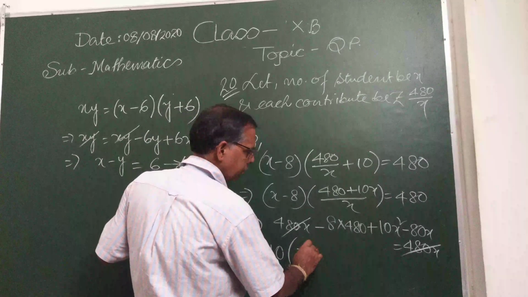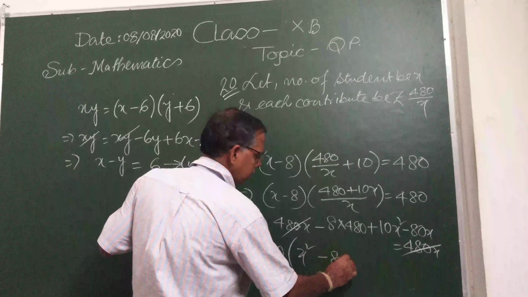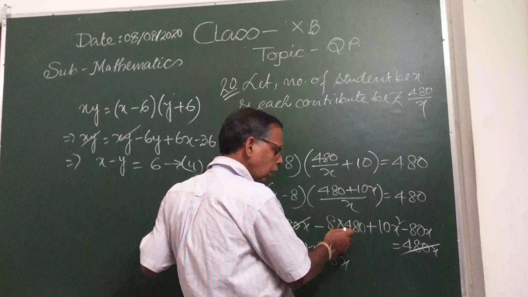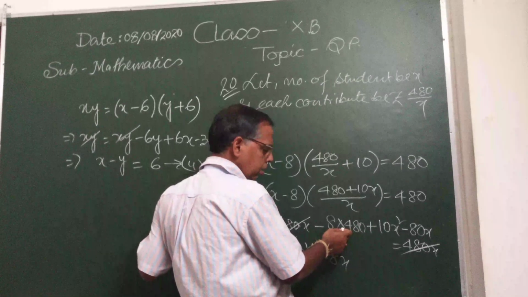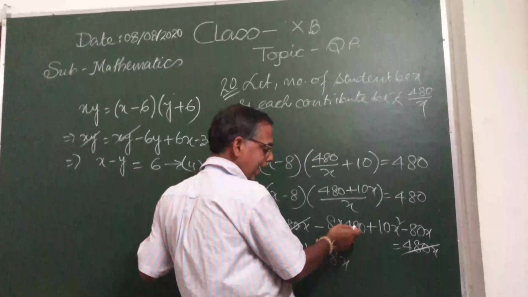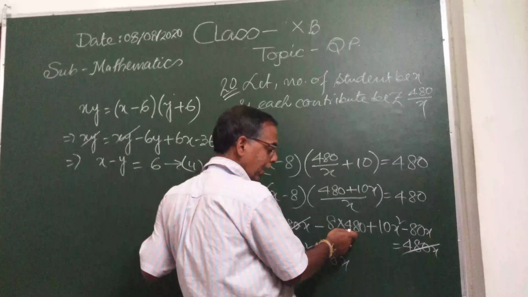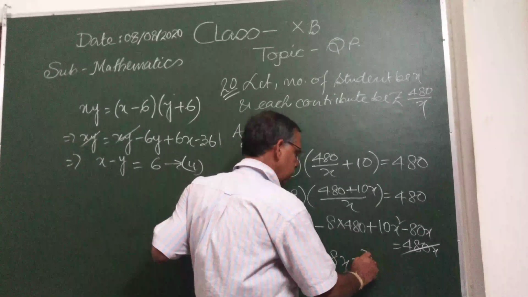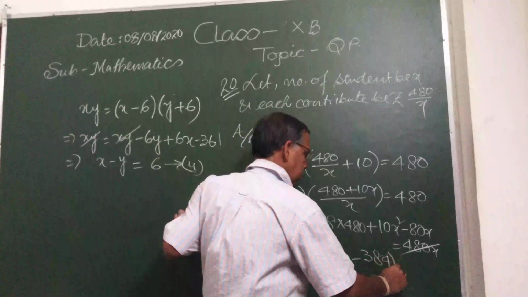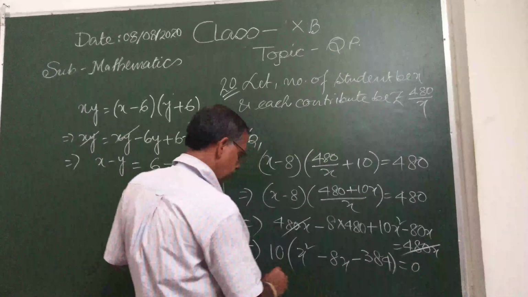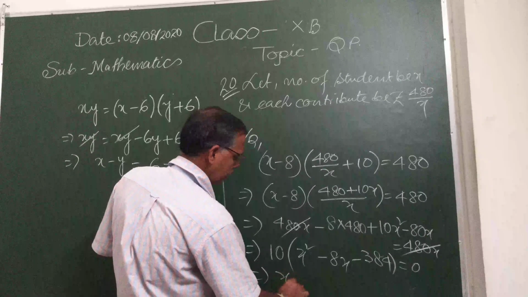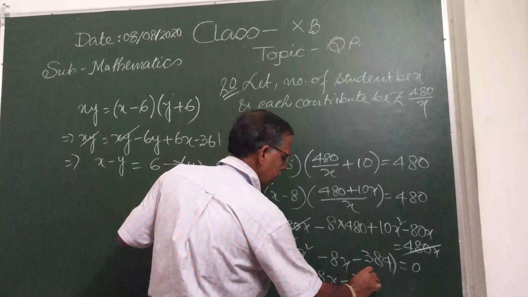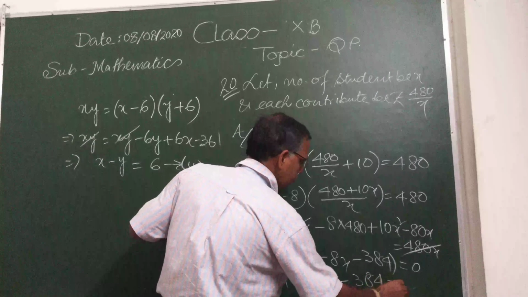So x square minus 8x. So 0 gone. 4 is 30, 320, and 8 is 64, 8 is 64, so 384. So minus 384 equal to 0. This implies x square minus 8x minus 384 equal to 0.